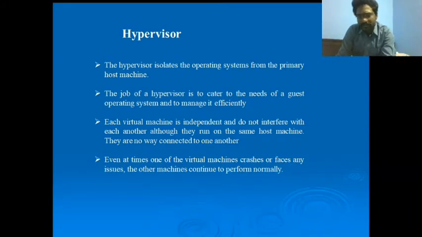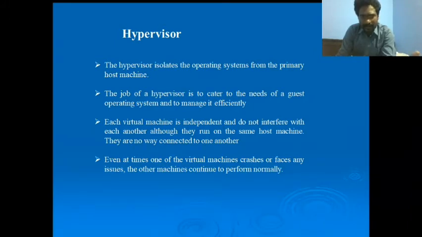Each virtual machine is independent and does not interfere with the others, although they run on the same host machine. This means that when we are simultaneously executing multiple operating systems on the same machine, one operating system won't depend upon the other. That is the independence given to the virtual machine in the case of the hypervisor.